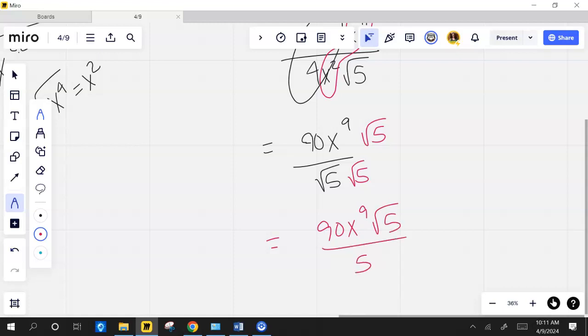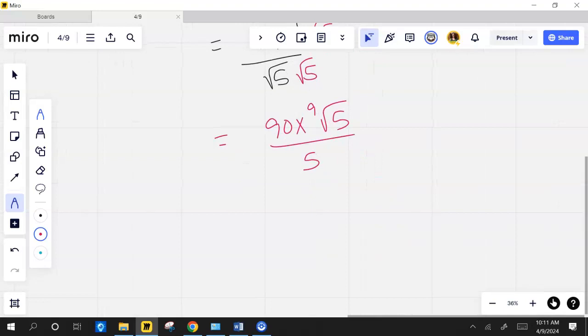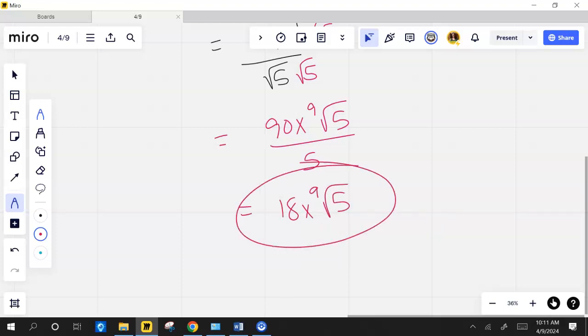Can I do anything else? Yeah, what? 90 divided by 5 is what? Maybe you went about it a different way. Oh, yeah. We got 6 up top.